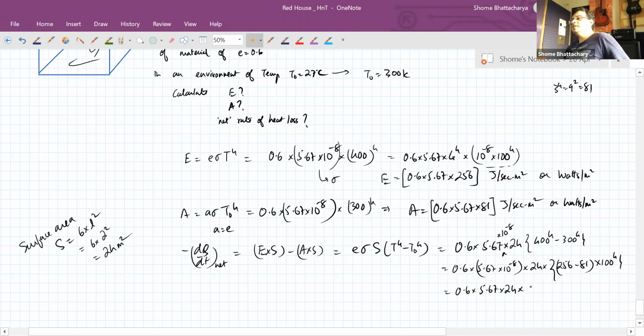So 256 minus 81 will give us 175 into 10 raised to power minus 8 into 100 to the power 4. So this factor cancels out and this is the value we get. This time it's in watts or joule per second. So this is the net rate of heat loss.